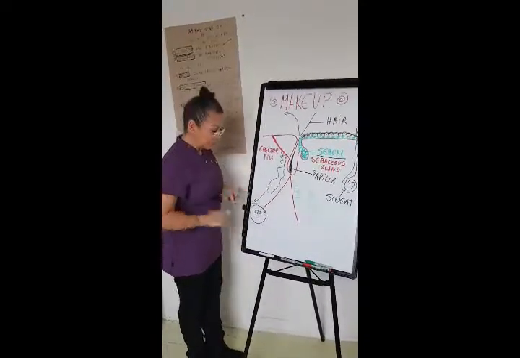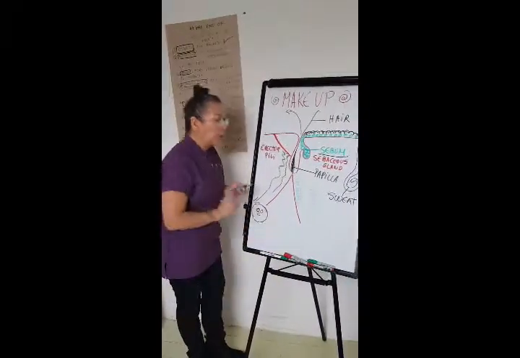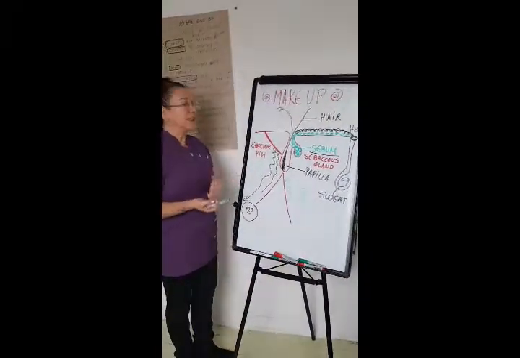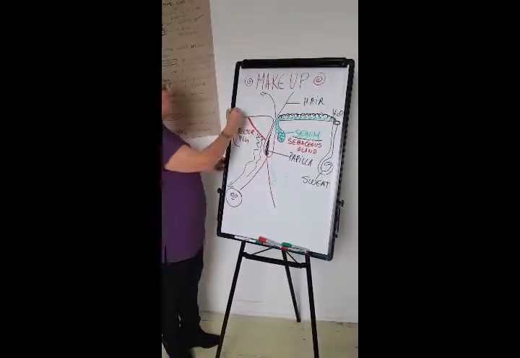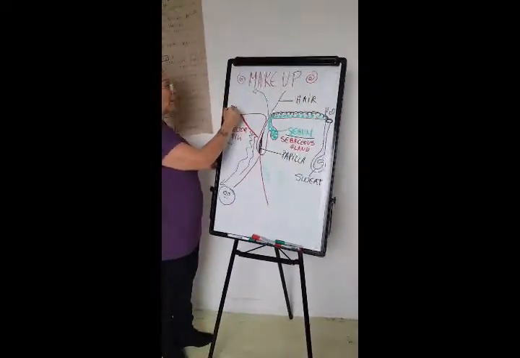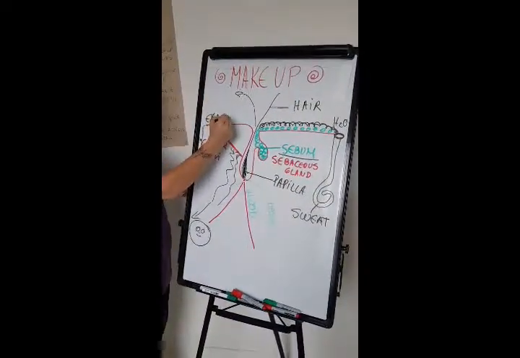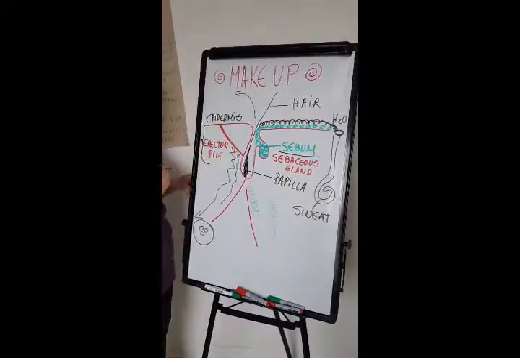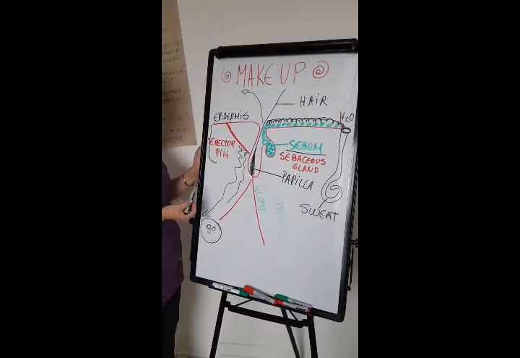We also have two separations in order to study the skin. One is what we see, and we call it epidermis. Epi from the Greek top, and dermis from the Greek skin.